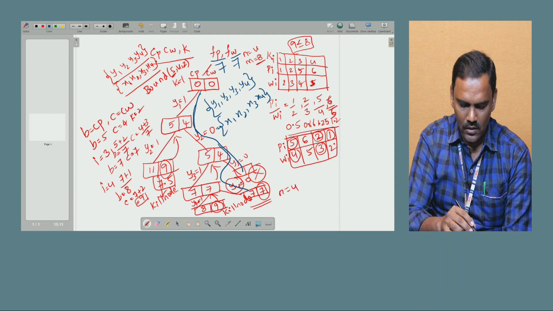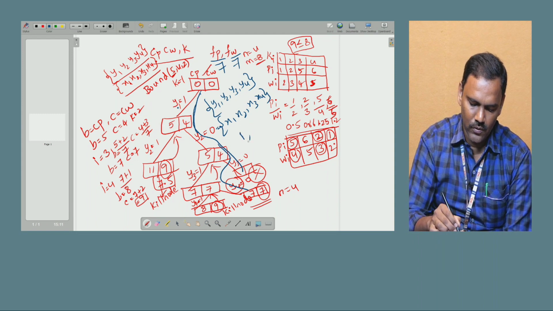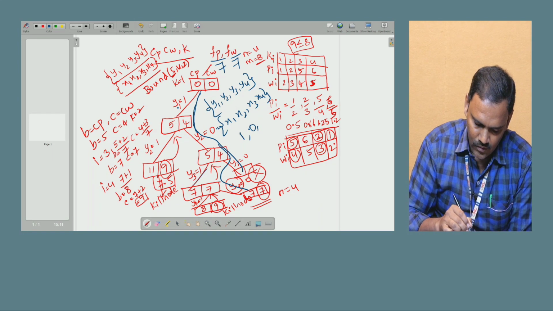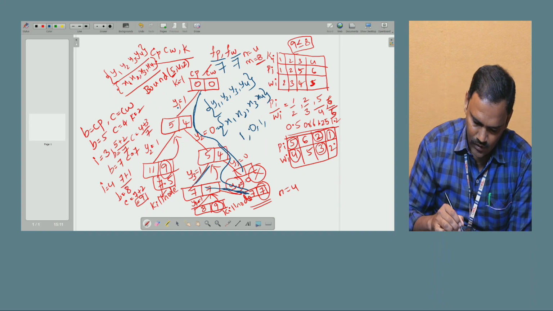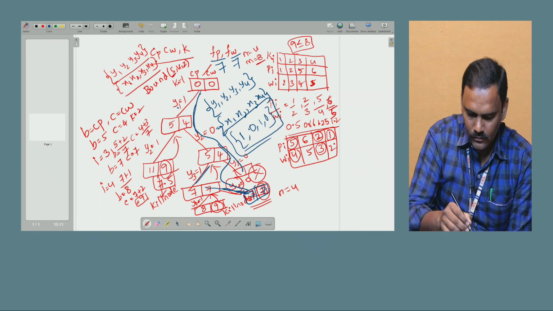Now here y1 equal to 1, that means we are going to be copying 1, then y2 equal to 0, then y3 again we are taking 1, then y4, the final one here, what you got here 7 comma 7, that we are going to be taking 0.